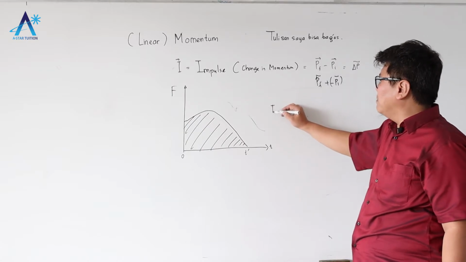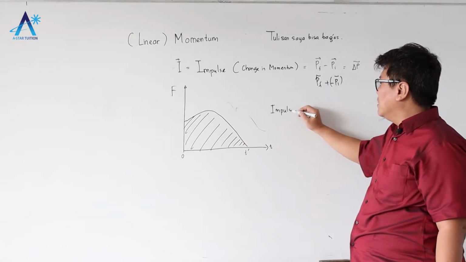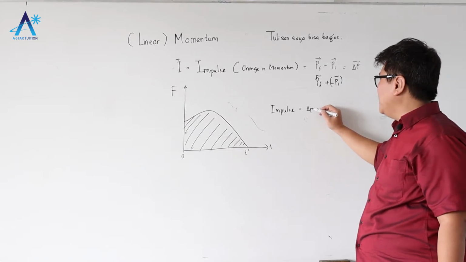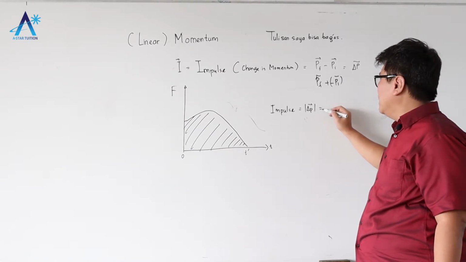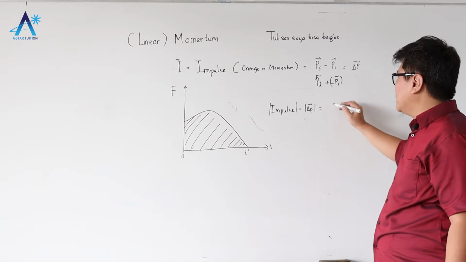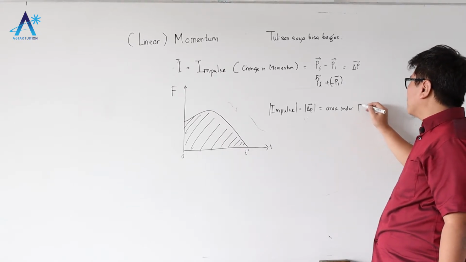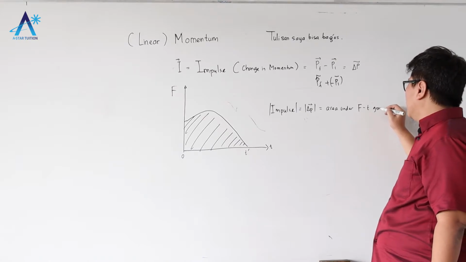So the magnitude of impulse, the magnitude of delta p, is equal to the area under the force-time graph.